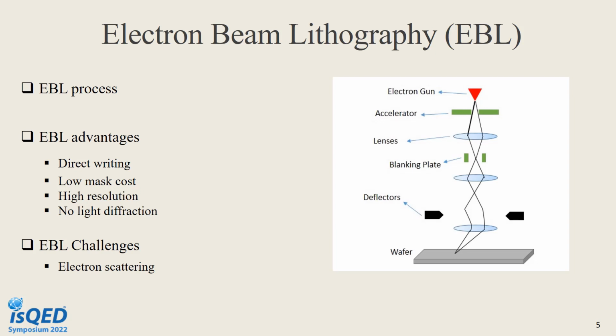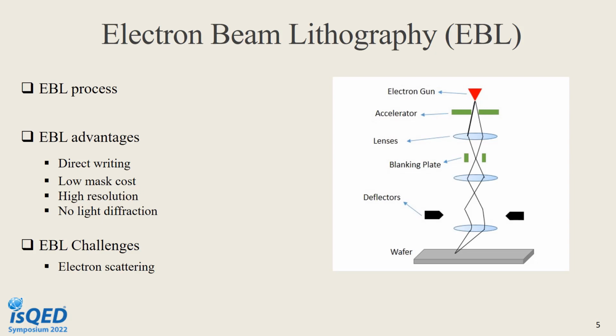So this method has some advantages. For example, direct writing that doesn't use any mask for lithography, and also it has high resolution. I mean, the resolution of this method is down to a few nanometers, and also there is no light diffraction.